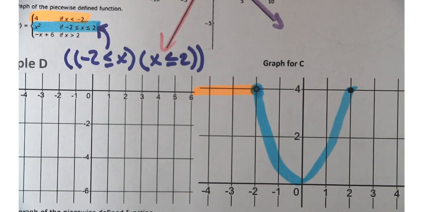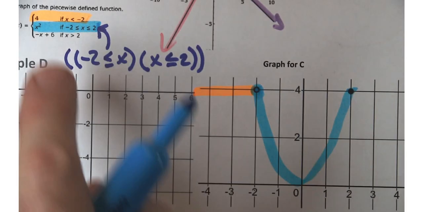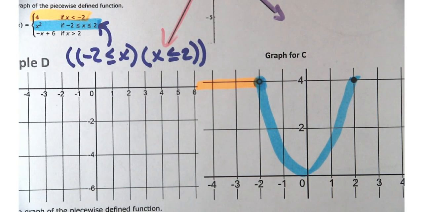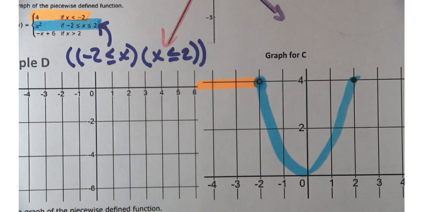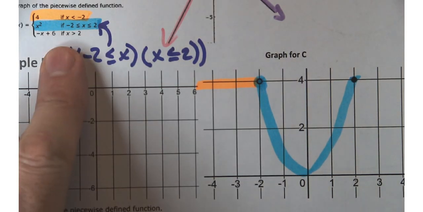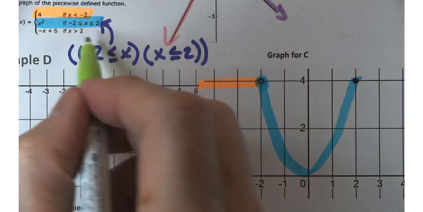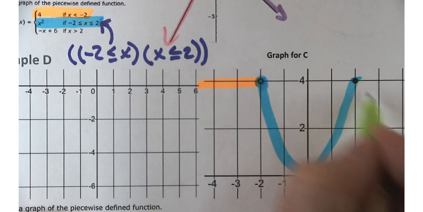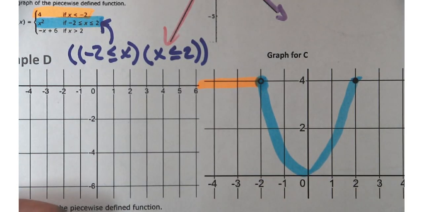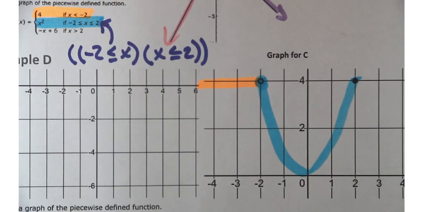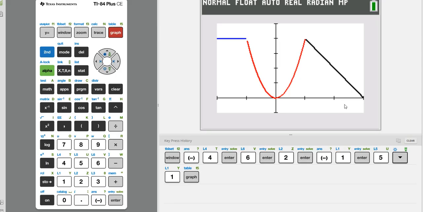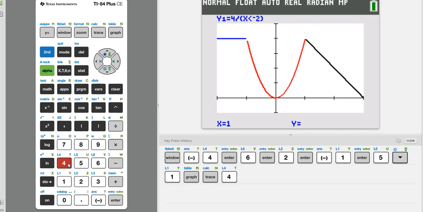And then the last part is -x plus 6, and that's for x greater than 2. Well, that's going to start out here and kind of go down. And let's see, I think it's going to go through the point x equal 4 and 0. Is it 4 and 0? Let's see, trace 4? No. Under the table we did error.